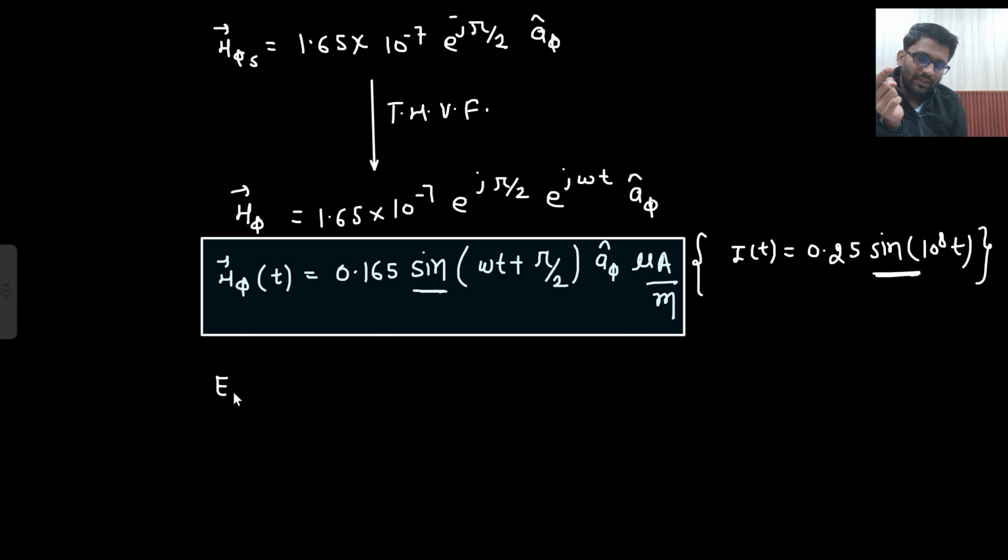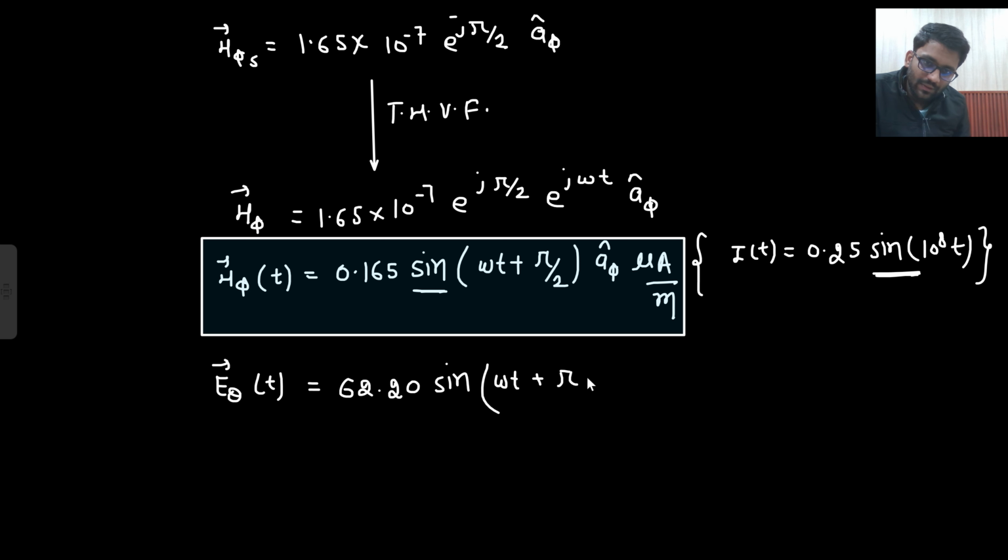What about E? E will be in the direction of theta, right? What different would be there? It will be multiplied with 120 pi. So 0.165 into 120 into pi is 62.20 sine omega t plus pi by 2 a theta cap, and that would be microvolt per meter, right?